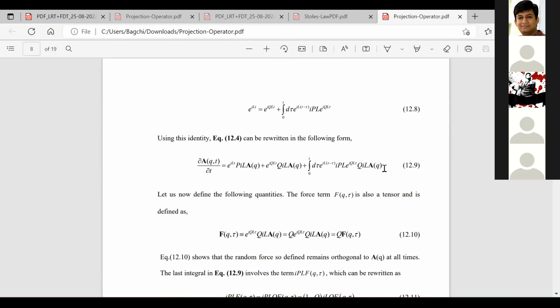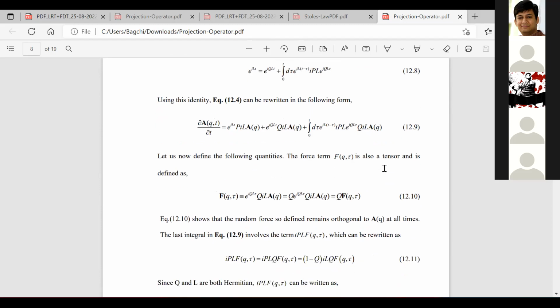And then the important thing is in equation 12.9 and equation 12.10, F(t), the last term, that is e to the power iQQLt. Just a minute. So now this Q, there is only Q here, left and right. I have only Q acting. iLA I cannot touch. So this Q, I can put a Q in front of it because that just projects Q on Q, which is equal to 1.